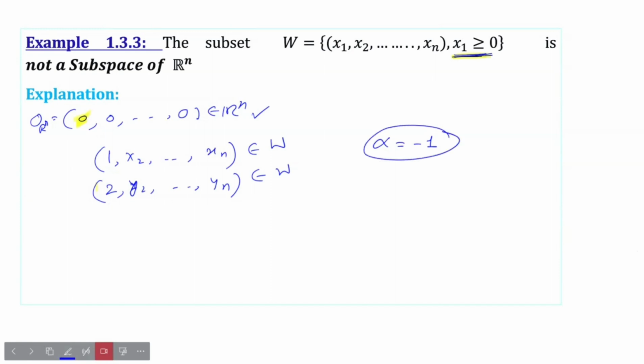Now we will try the linear combination of these two vectors by taking, let's say, alpha equal to -1.